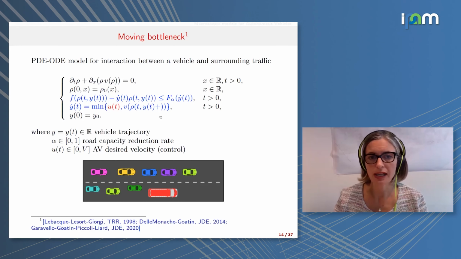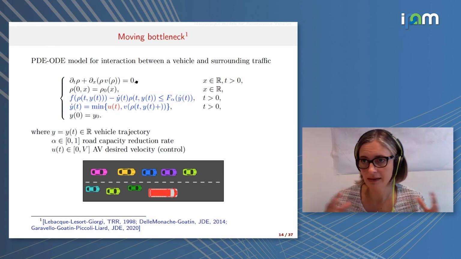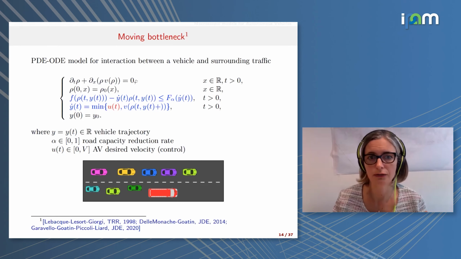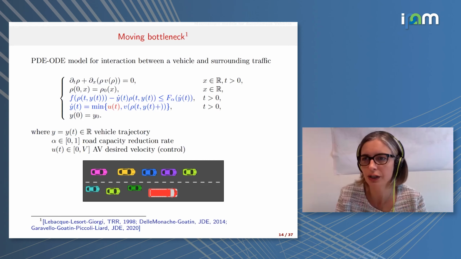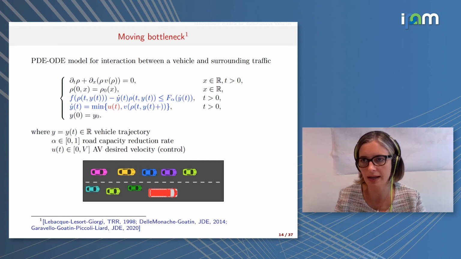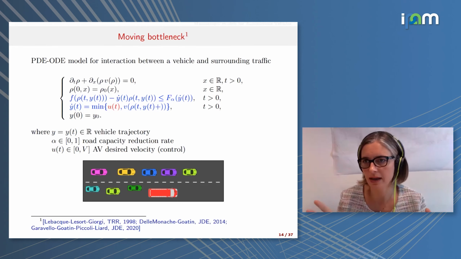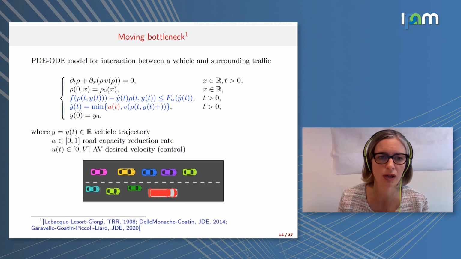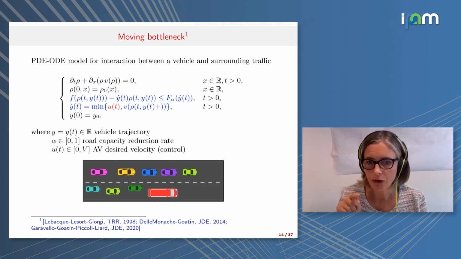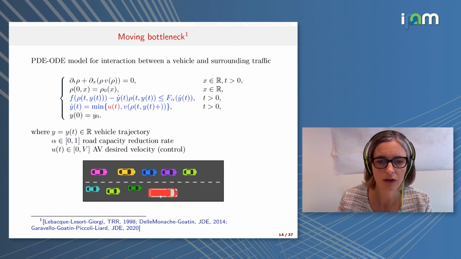So our model is given by the classical mass conservation law for the surrounding traffic. We are not interested in how exactly the other vehicles, the human-driven vehicles, move. We just look at them as usual as an average quantity, but we focus on the dynamics of this vehicle.